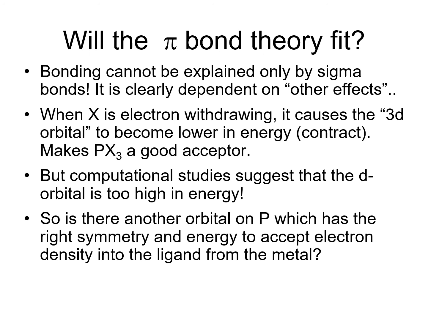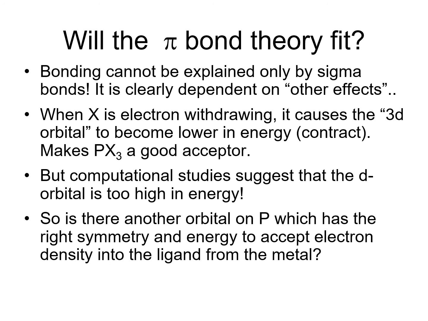But what do we do with the computational result, which seems to suggest that the d orbital is too high in energy? Is there any other orbital on phosphorus which has the right symmetry and energy to accept electron density from the metal into the ligand? This is what we have to consider when we talk about the pi bond theory.